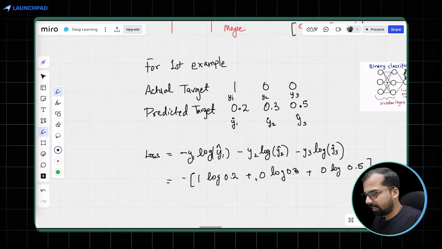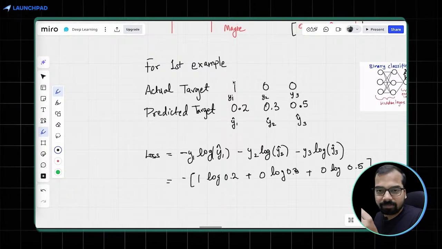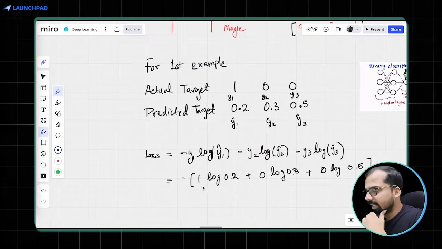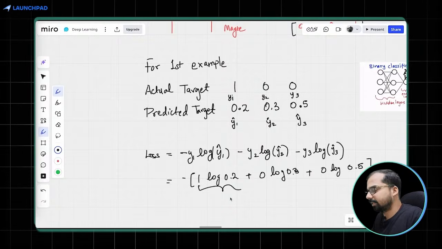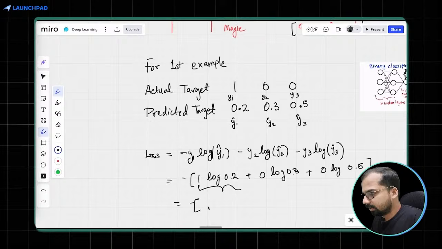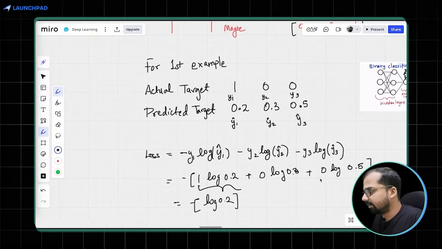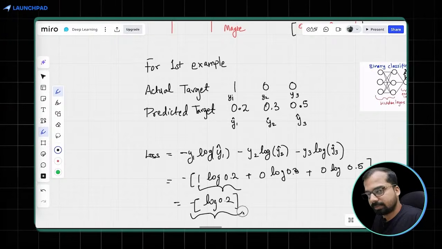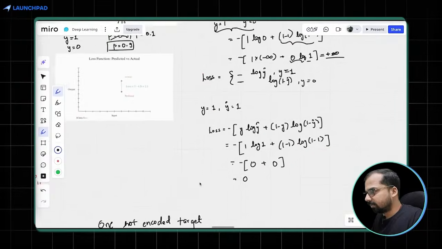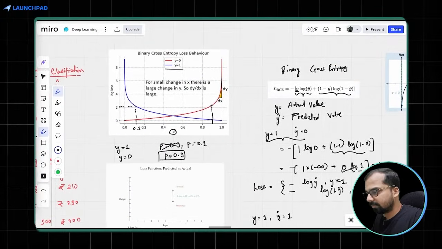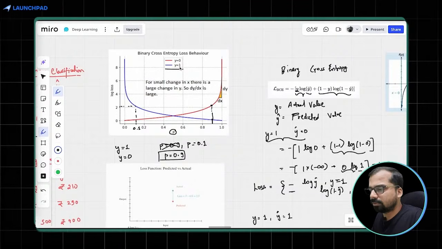If you see over here, only the class where the actual target was 1 will be calculated, and the rest all become zeros. So this basically becomes log 0.2 and all of the rest becomes 0. So this will be the error. And if you see from this curve, this is actually for binary, but we can use the y equals 1 case.